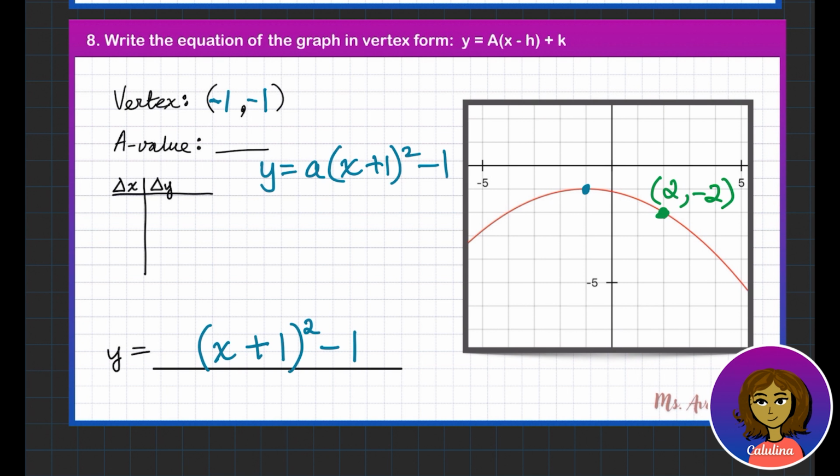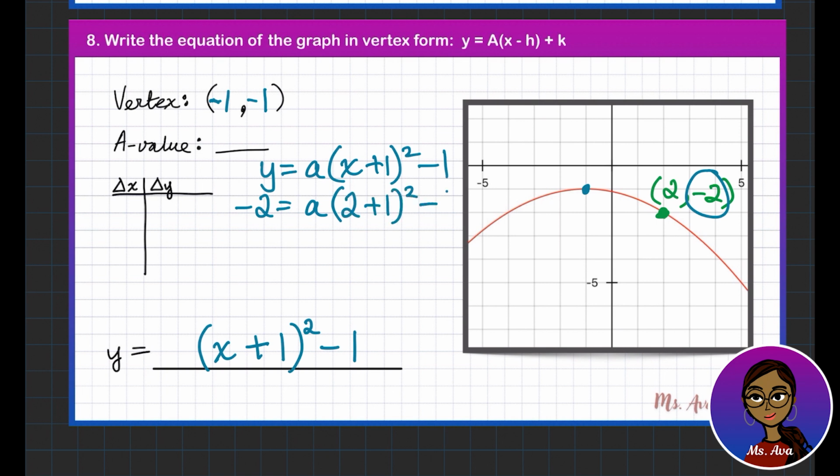Now you can plug in the point 2 negative 2 into the equation. Yes, that's correct. Okay, so I plug in this one for y, so that's going to be negative 2 equals a, and then in parentheses we have the x, which is 2, plus 1 squared minus 1. Okay, and what's next?